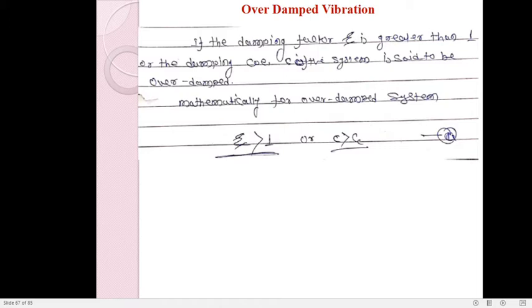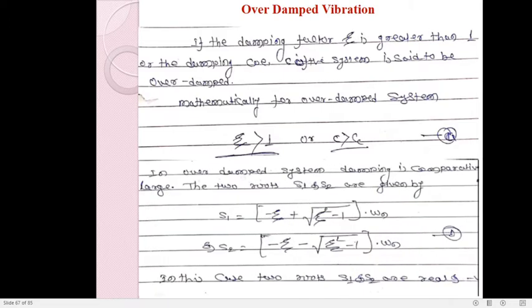Mathematically, for an overdamped system, we could write zeta greater than 1 or C greater than Cc. Let us call this equation A. In an overdamped system, the damping is comparatively large. As the name indicates, overdamped means the damping is more or comparatively large.